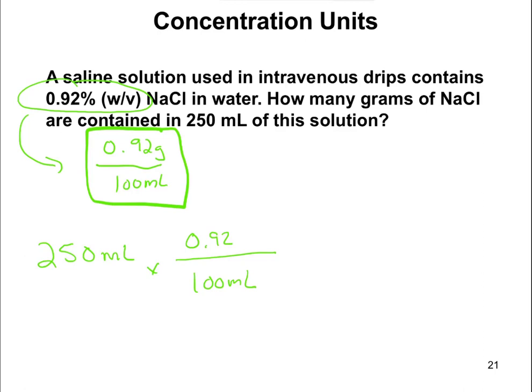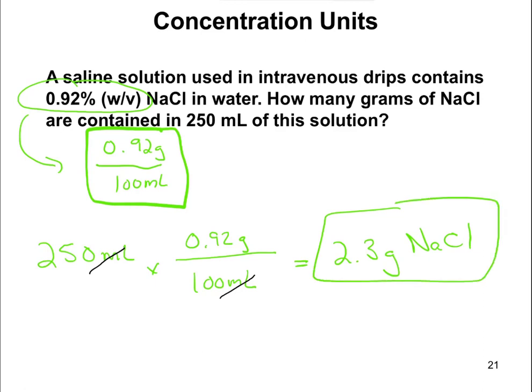Now, knowing how our dimensional analysis works, milliliters cancels with milliliters. 0.92 grams in 100 milliliters equals, so now you would take 250, multiply it by 0.92, and then divide by 100, and that's going to get you to 2.3 grams of sodium chloride. And that would be your final answer.